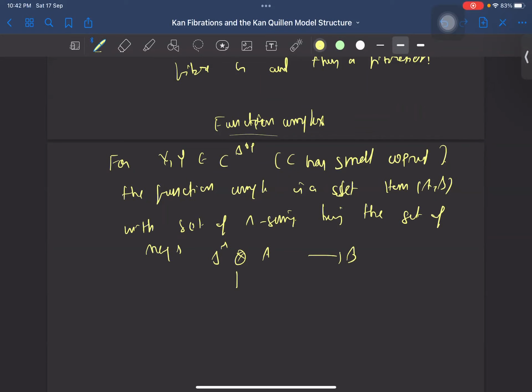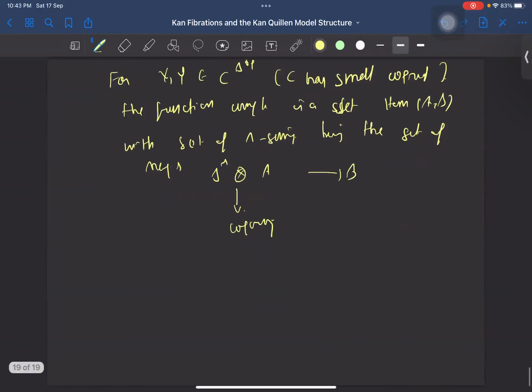And this is co-powering. Should I define a co-powering? Co-powering of simplicial objects over simplicial sets. What do you guys think?